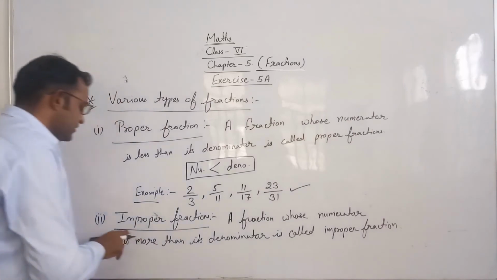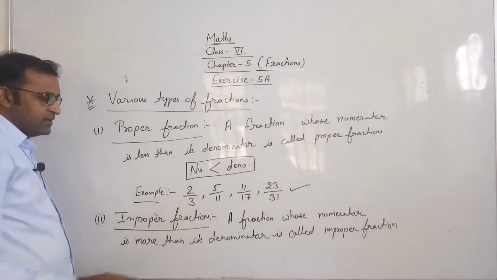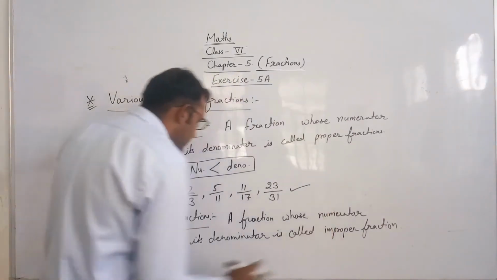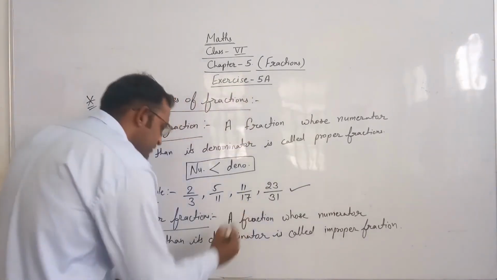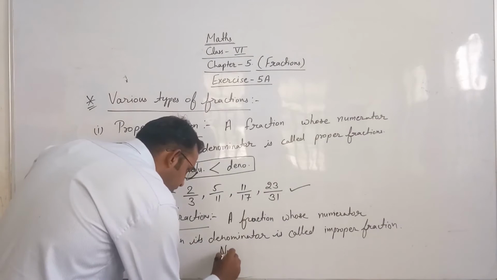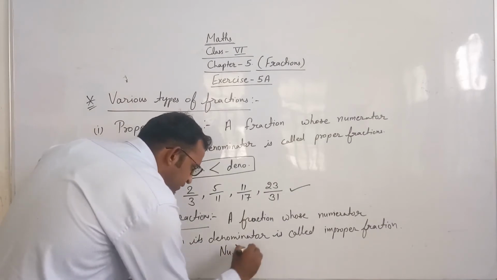So students, next type, improper fractions. A fraction whose numerator is more than its denominator is called improper fraction. So numerator is more than denominator.